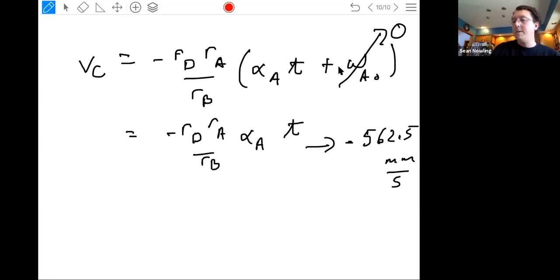Similarly, once I know the formula for the velocity, I can find the vertical displacement by integrating it again, and I can get delta y equals the integral of the velocity dt.